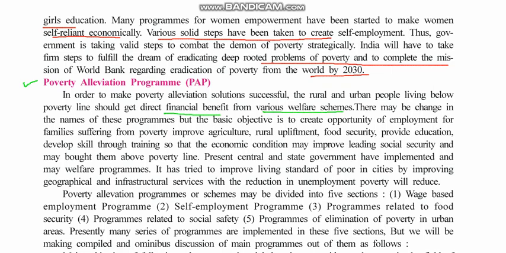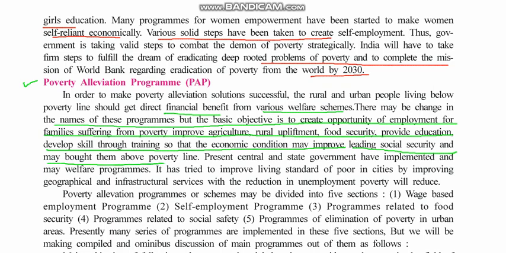There may be changes in the names of these programs, but the basic objective is to create opportunities of employment for families suffering from poverty, improve agriculture, rural upliftment, food security, provide education, and develop skills through training, so that people's economic condition may improve, leading to social security and bringing them above the poverty line.